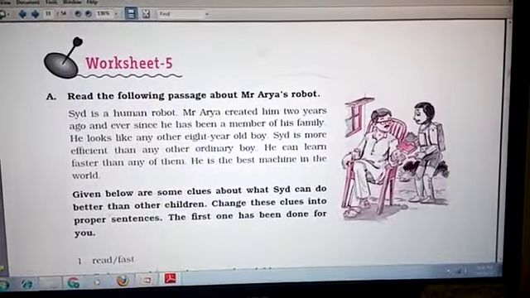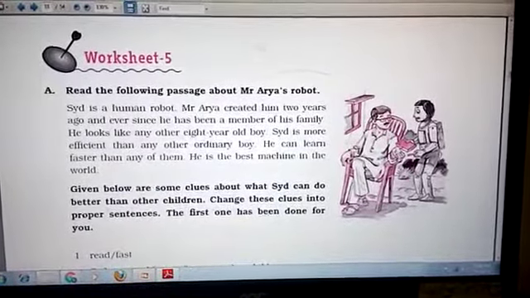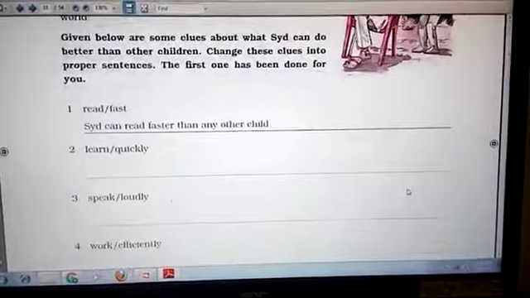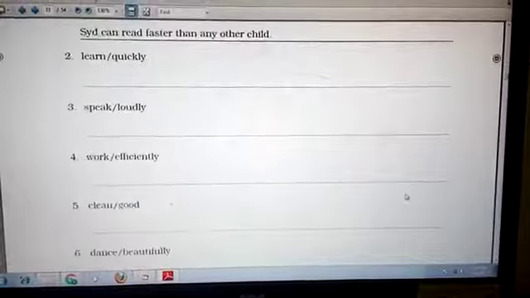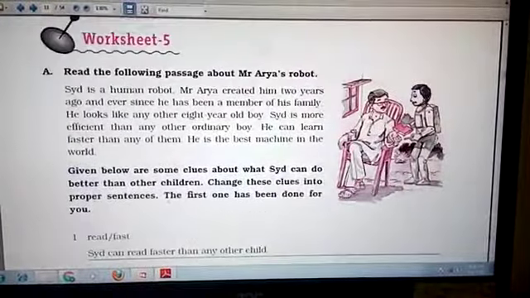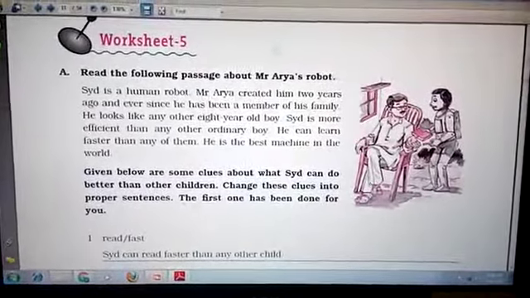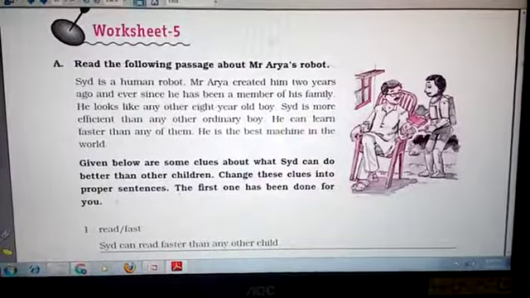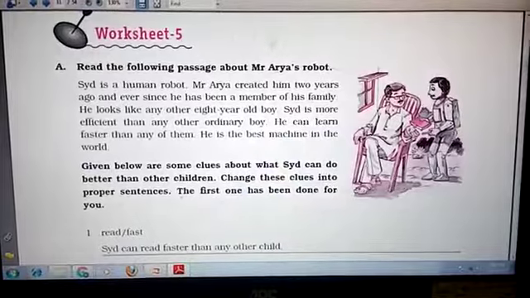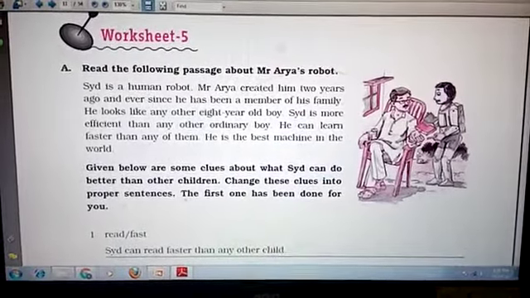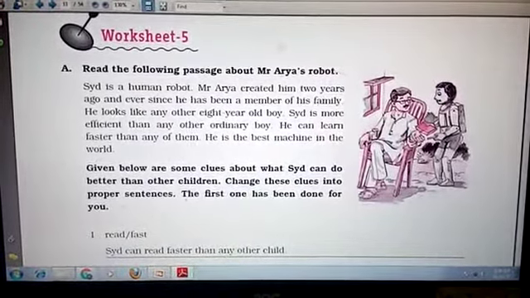The next worksheet is 5. What do you have to do here? The exercise is given. One paragraph is given here and the instruction is to read the passage about Mr. Arya's robot. Sid is a human robot.